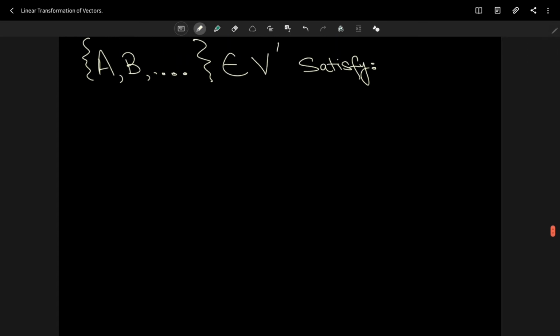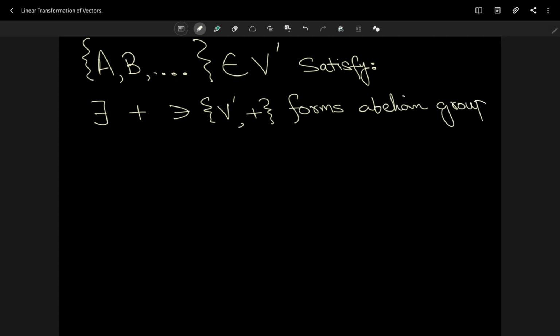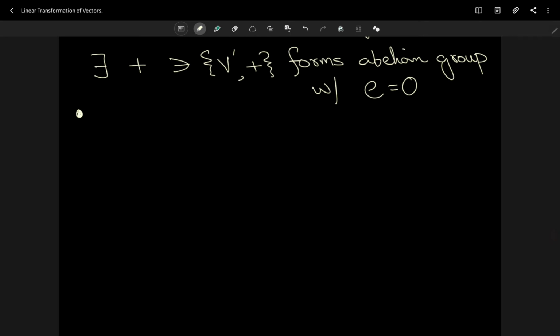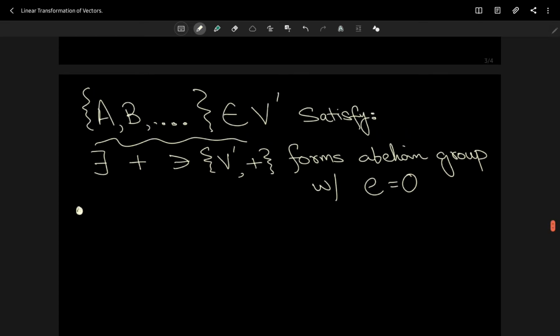The first one is that there exists an operation, let's call that plus, such that this set V prime and this operation plus forms an abelian group, of course, with the identity being 0.